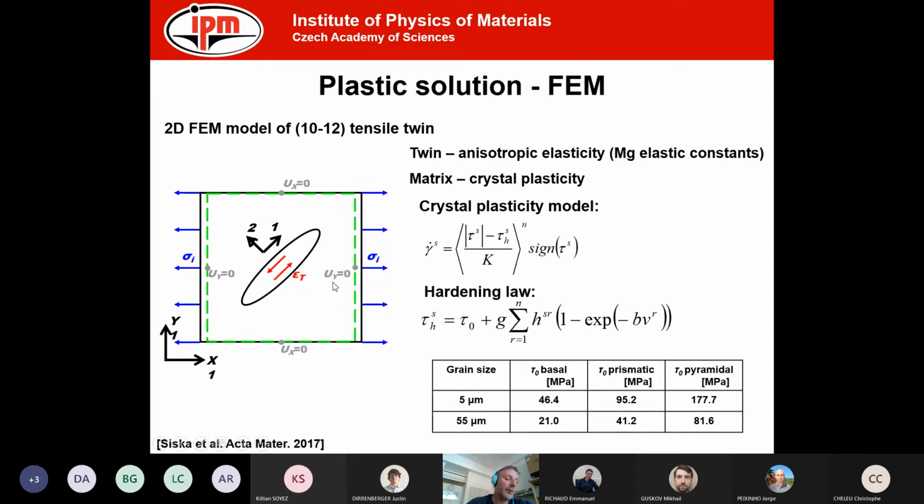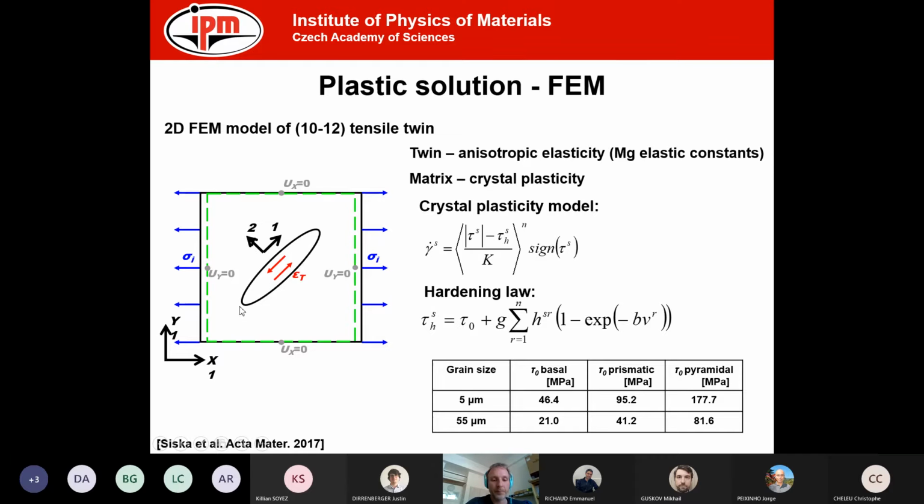So what we have created is a basic 2D model of this {10-12} tensile twin. It is a similar situation. You have a matrix, you have a stress applied on the boundaries.